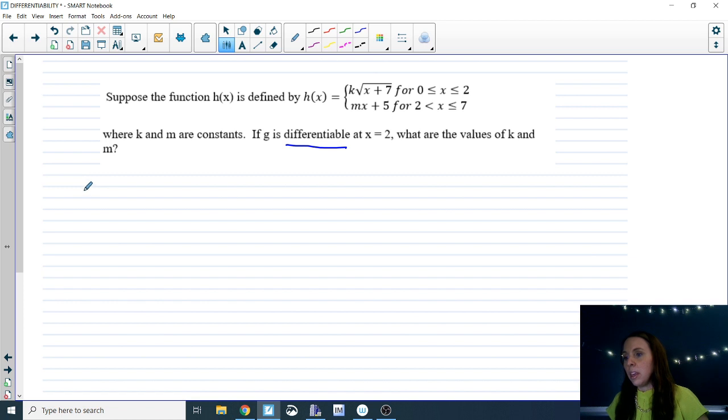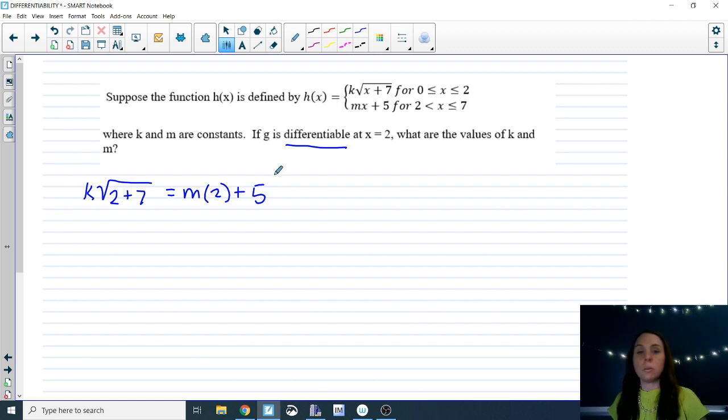Okay, so the first little thing I do with this is I say I want the value of the left-hand piece when x equals 2. Notice I sub 2 in for x, to be the same as the value of the right-hand piece, again, when x is 2.